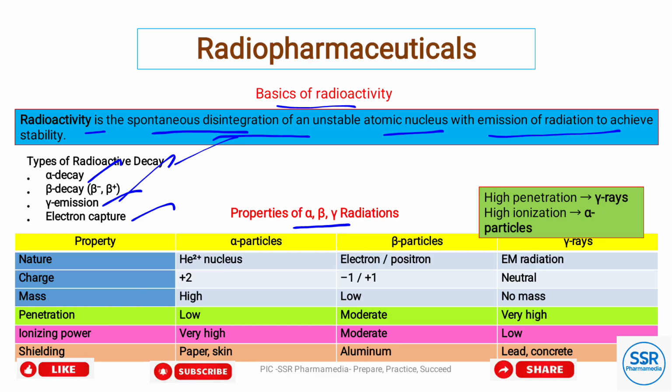The properties of alpha, beta and gamma radiations are very important. The first property is nature.